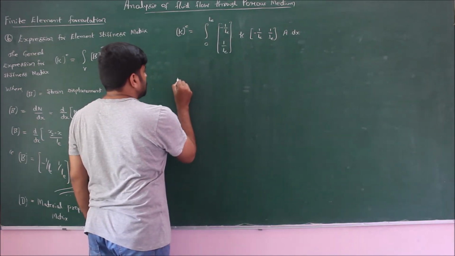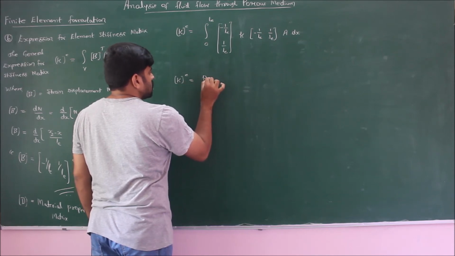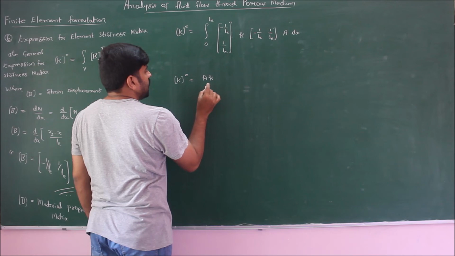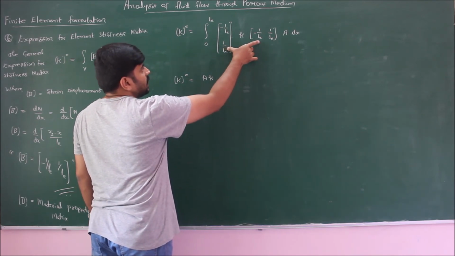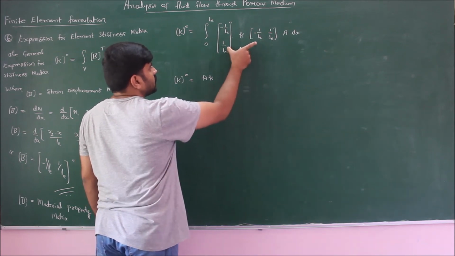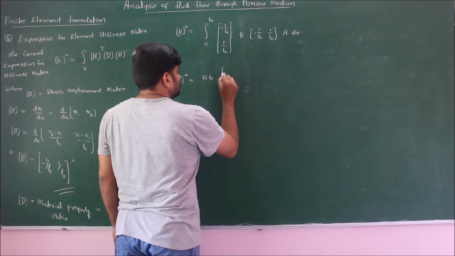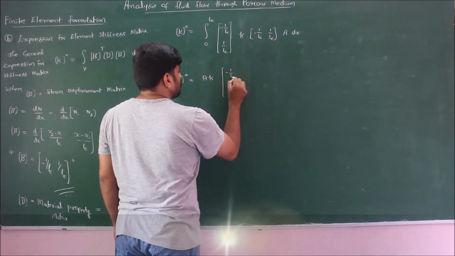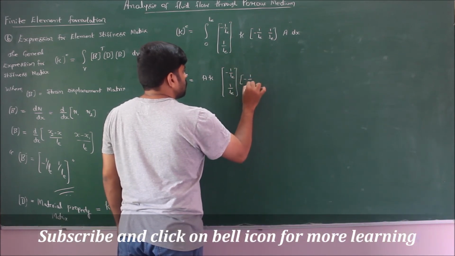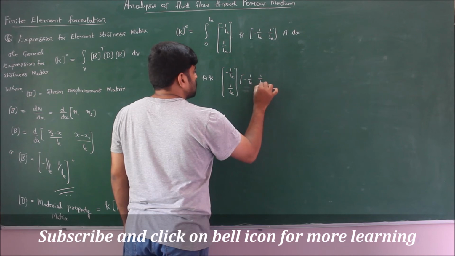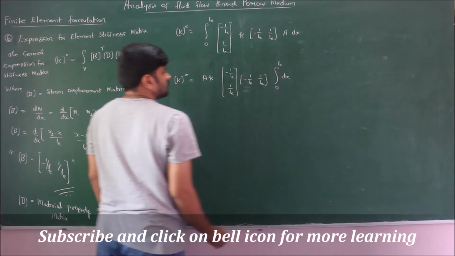Taking constants outside, I will end up with the stiffness matrix equal to area times the permeability K into, so these two matrices are constant, so therefore I can take them outside the integral of dx, so I will get the product of minus 1 by Le, plus 1 by Le, into minus 1 by Le and 1 by Le, times the integration over the length dx.